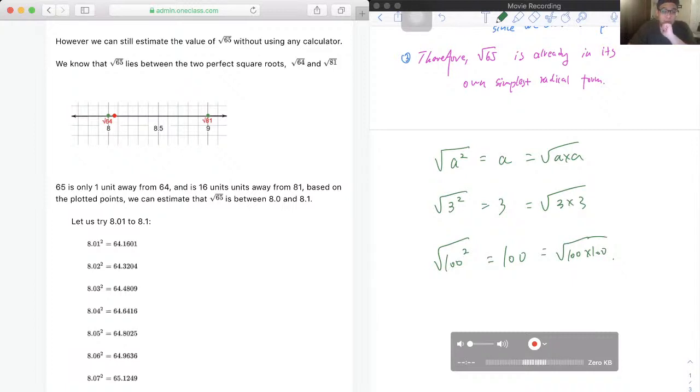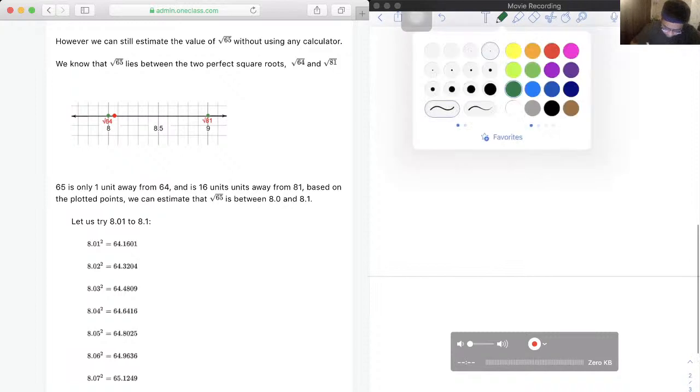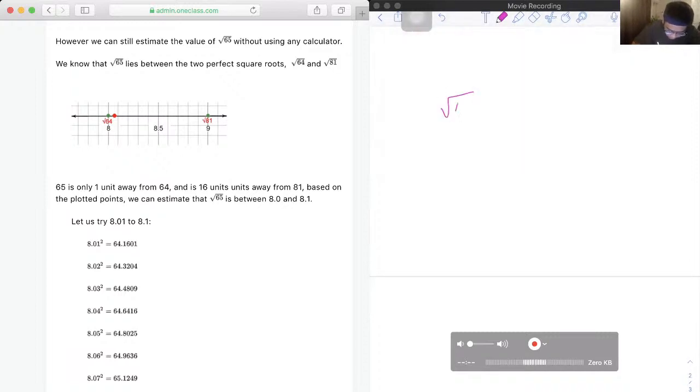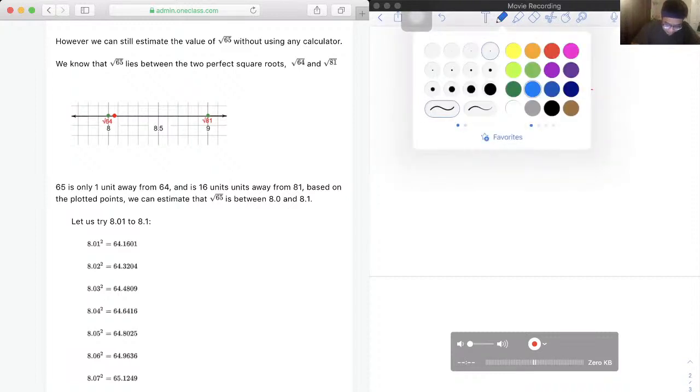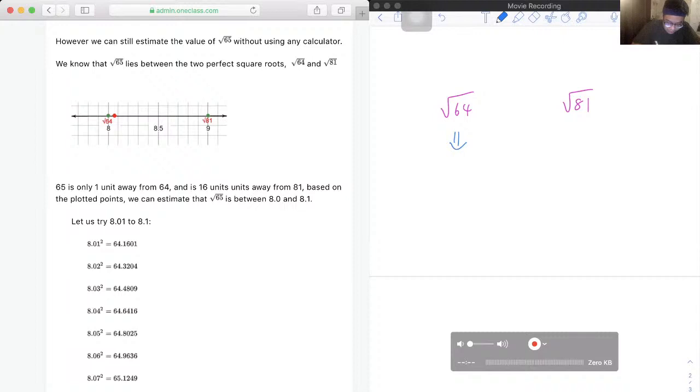We know root 65 lies between two perfect square roots, which are root 64 and root 81, because root 64 is 8 and root 81 is 9, since 9 times 9 is 81 and 8 times 8 is 64.